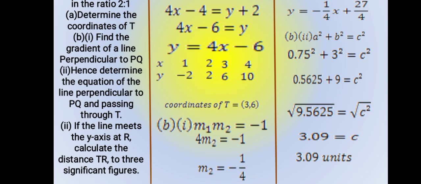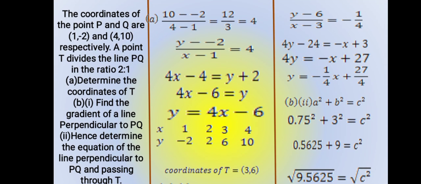So we say y minus 6 all over x minus 3 should be equal to negative a quarter. We cross multiply and we get that our line is y is equal to negative a quarter x plus 27 over 4. I've written it in the form of y is equal to mx plus c.